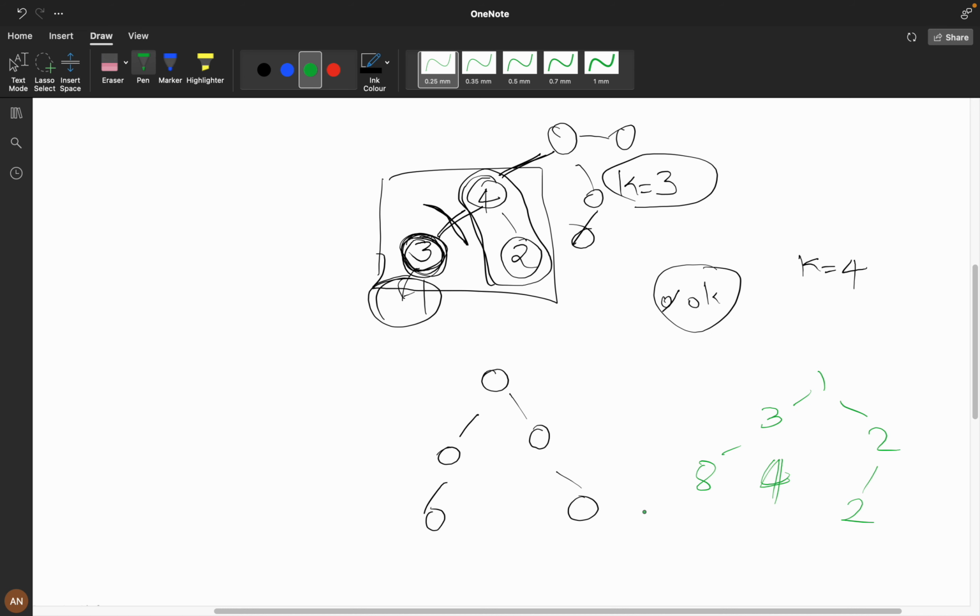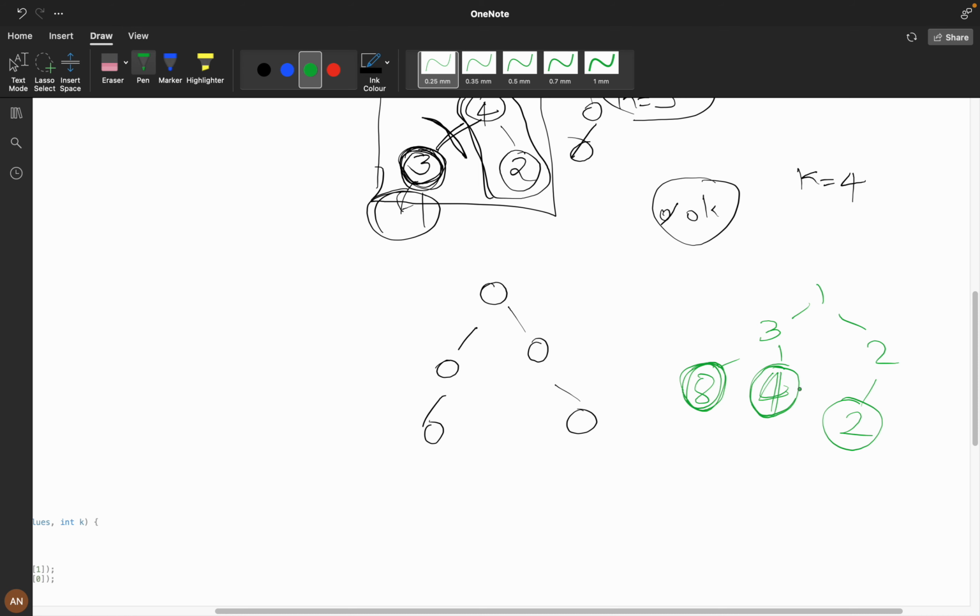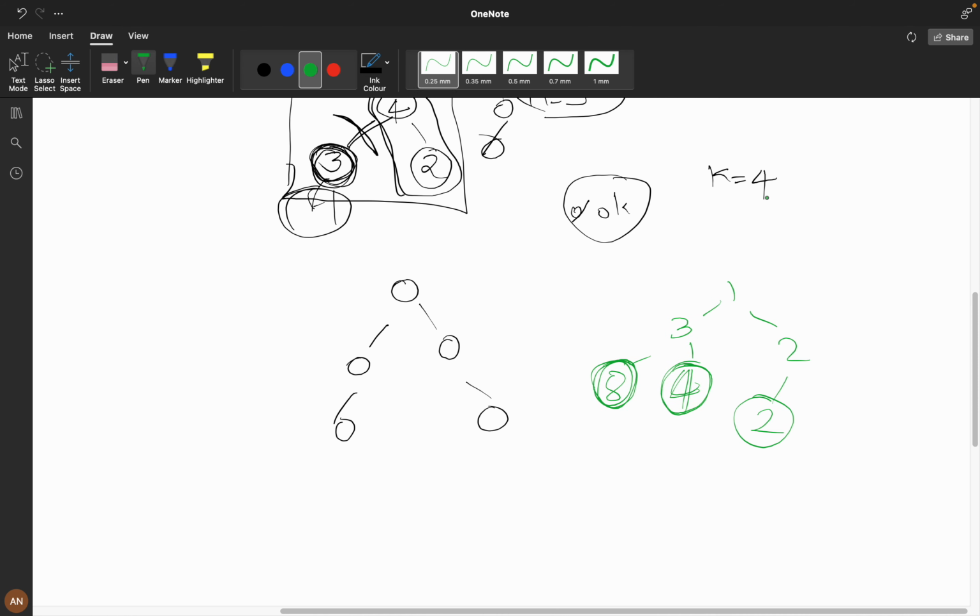If you take it like this, now we are at the leaf nodes. 8, 4 and 2 are my leaf nodes. 8 is divisible by 4, yes, so I will take 8. Now I will check 4 is divisible by 4, yes, so I will break this here, I will break this here. Now we have 3 left.